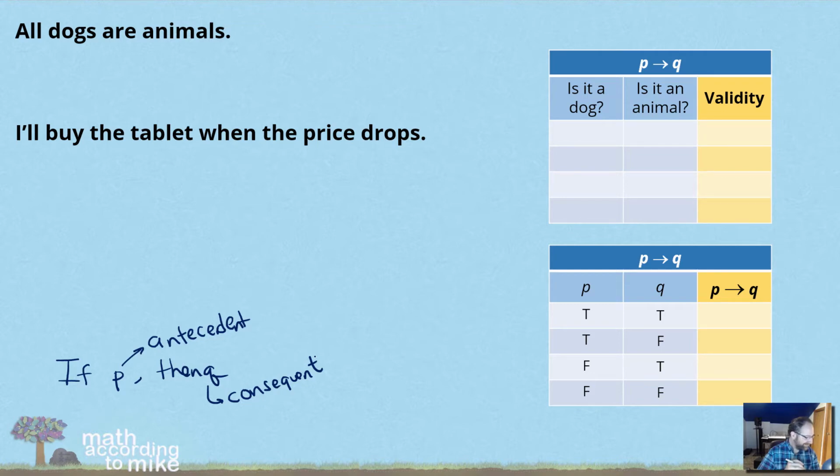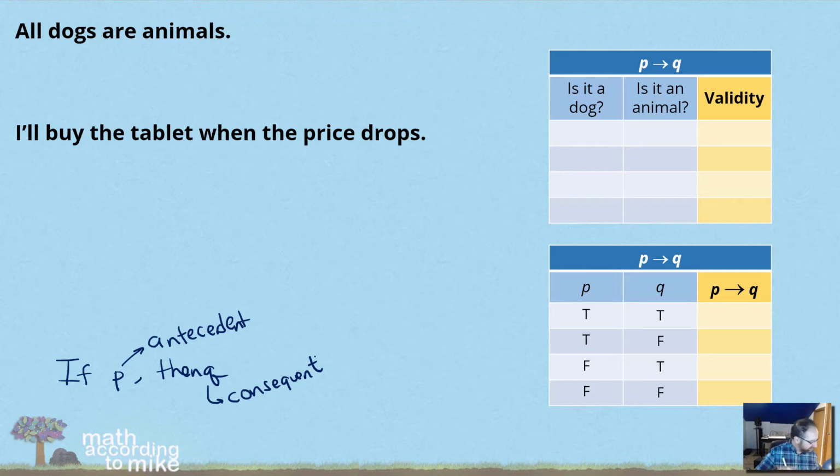Just because a sentence doesn't say the actual words if and then doesn't mean it can't be turned into an if-then. And we have some examples. So, all dogs are animals. Think about how you can restate this same exact sentence, but as an if-then.